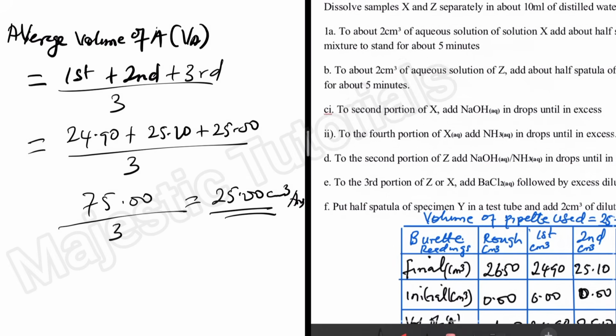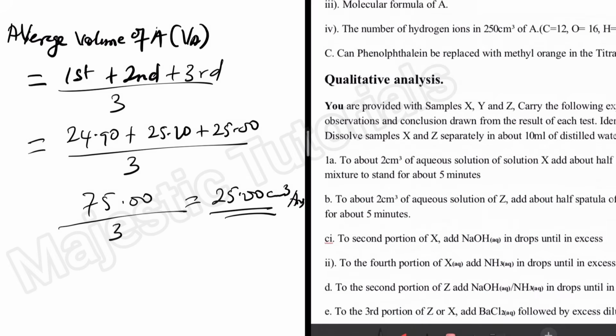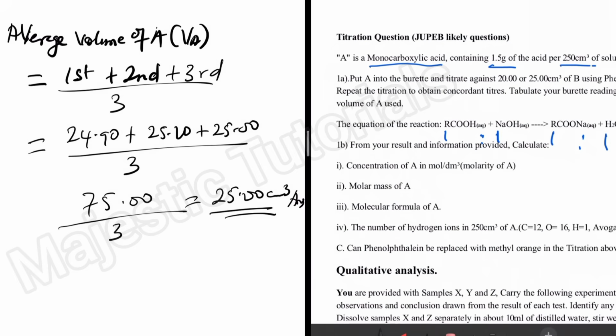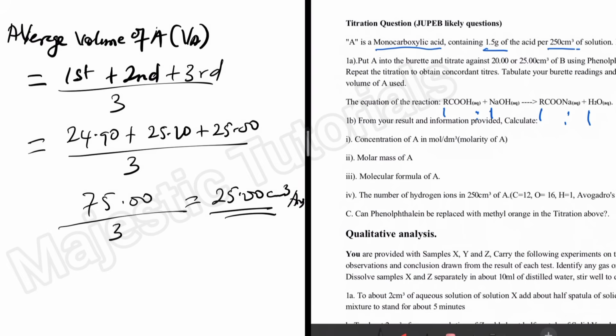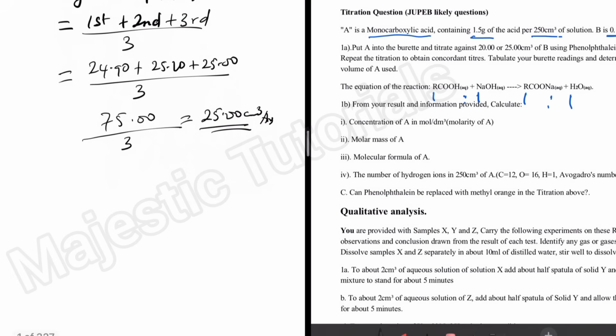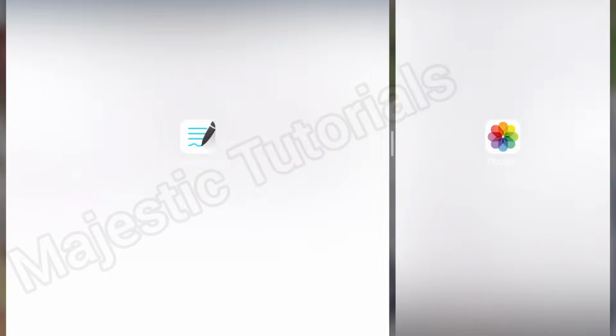Now the next question says, they gave the equation of the reaction, from your results and information, calculate the concentration of A in mole per dm cube. So for us to calculate the concentration of A in mole per dm cube, remember, this is also called molarity.